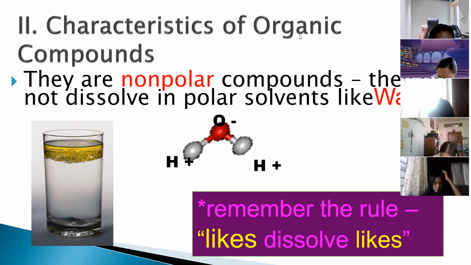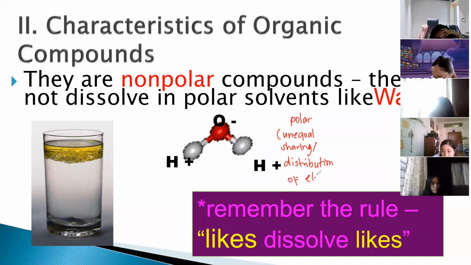Now, what is the difference between a polar and a non-polar substance? So for polar, class, remember that there is an unequal sharing or distribution of electrons, just like water. Remember, when we say organic substances, there is covalent bonding involved, and there is sharing of electrons.